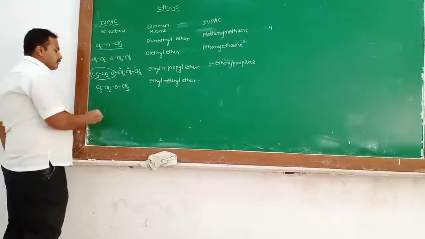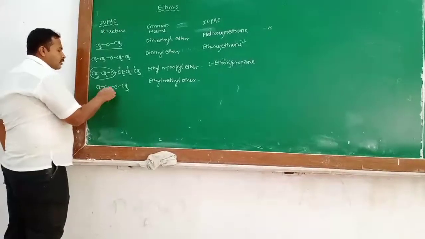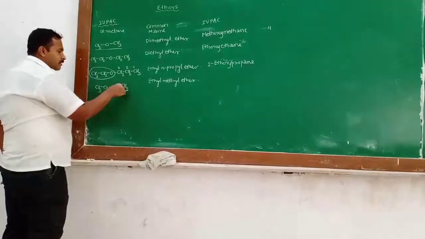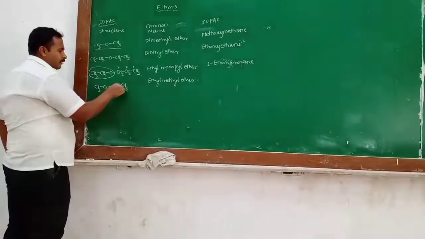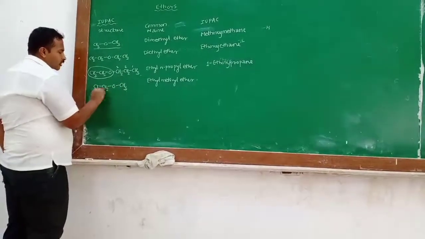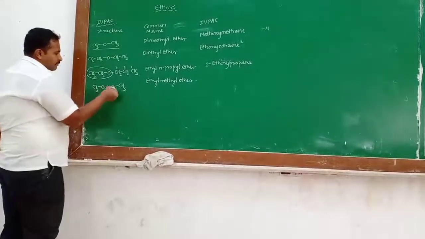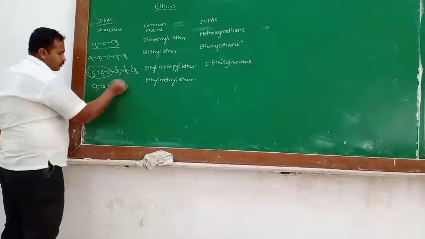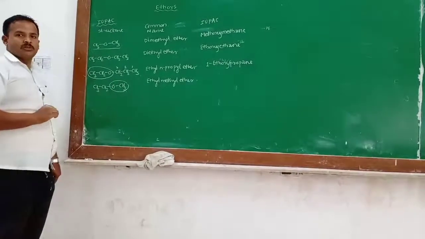In this case, the alkoxy group goes to the side containing fewer carbon atoms. On which side are there fewer carbon atoms? On this side. This group is considered the alkoxy group.